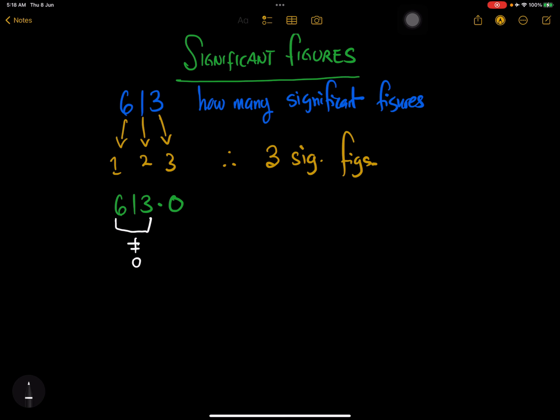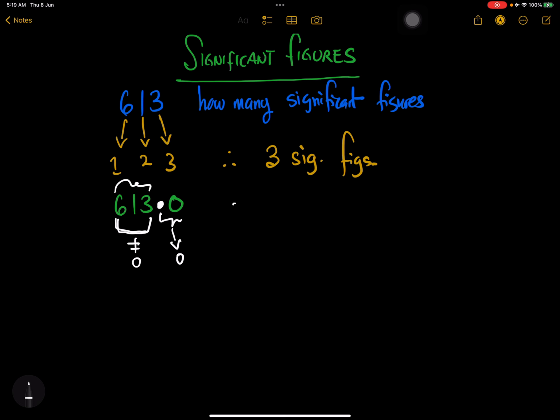And this number here is zero, and it's coming right after the decimal point. So we cannot ignore that zero. Why can't we ignore that zero? It's because the number coming before the decimal point is not zero. So we have to count this.